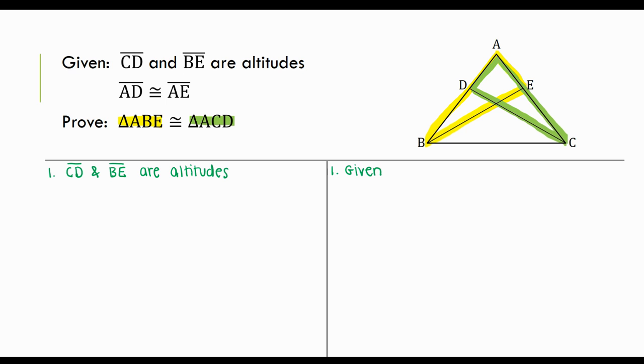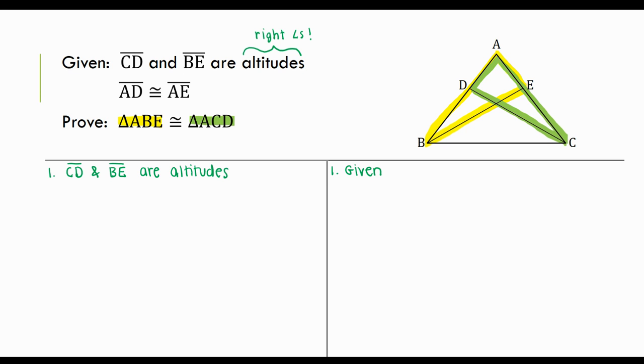When you are given an altitude, it starts at a vertex and is perpendicular to the opposite side. So essentially, anytime we're thinking about altitudes, we're thinking about right angles. Because we know what triangles we're trying to prove congruent, we need to look at what right angles are being created within those triangles.